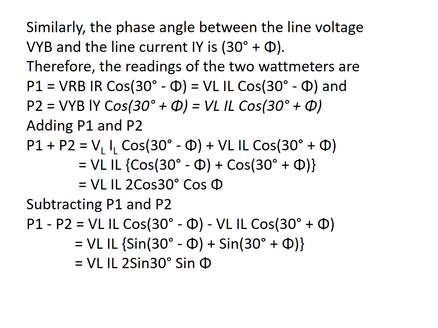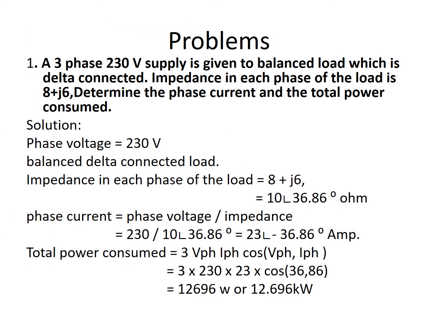Under unity power factor, both the W1 and W2 values are the same. If phi is equal to 90 degrees, cos 90 is 0 power factor. So it is cos(30 minus 90), which is cos minus 60. The values are such that one is positive and the other one is negative. So we will get different values for different angles. That is the power factor.